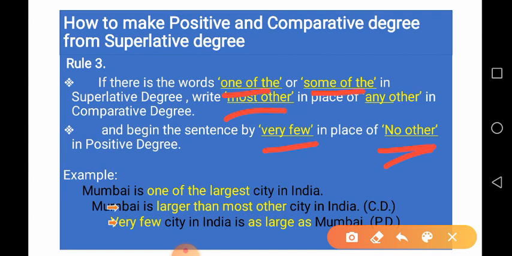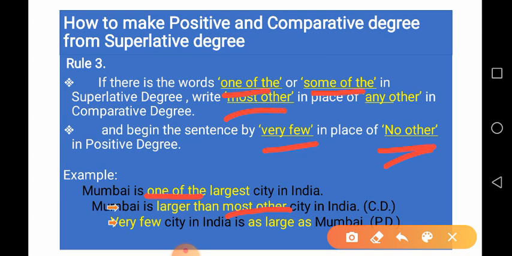In the superlative degree, the example is: Mumbai is one of the largest cities in India. You can see the words one of the largest city in India. While making the comparative, instead of any other, use most other. So your sentence is: Mumbai is larger than most other cities in India.